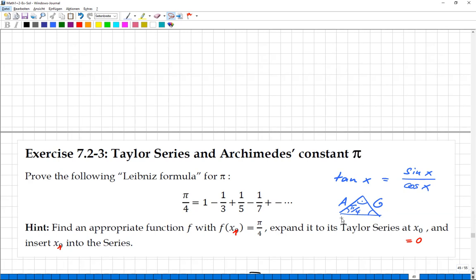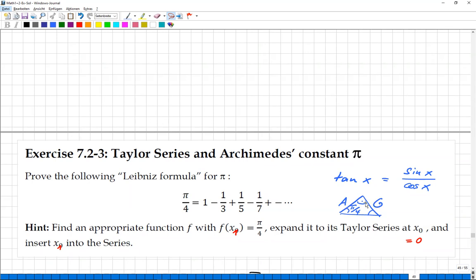So what do we find? We find that for this reason, the sine and the cosine of this angle must be the same, because the side opposite to this angle, G, in German it's called Gegenkathete, has the same length as the side adjacent to this angle, A, Ankathete.